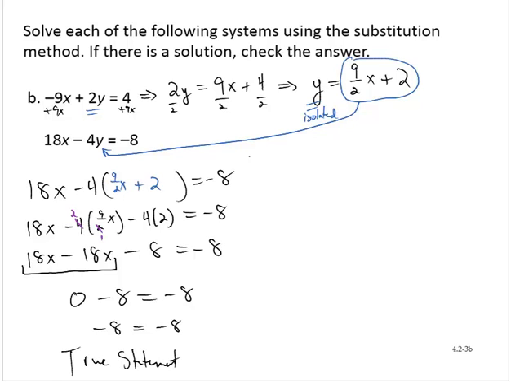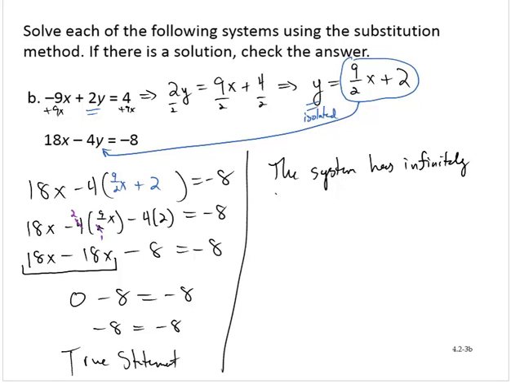When this happens, the system has infinitely many solutions. And if we were to graph these two equations, they would be the same line.